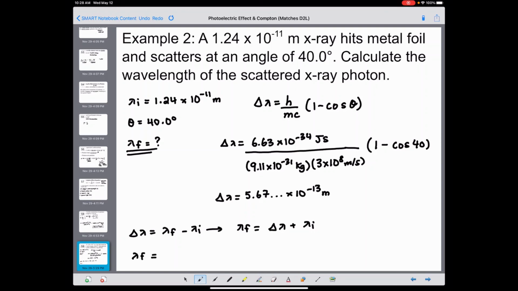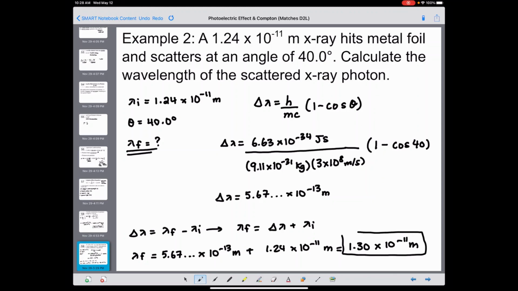So delta lambda, so that's 5.67 times 10 to the negative 13. We're adding to that 1.24 times 10 to the negative 11, and that gives 1.30 after rounding. So before rounding, it's 1.296 times 10 to the negative 11, but to 3 sig digs, 1.30 times 10 to the negative 11 meters.